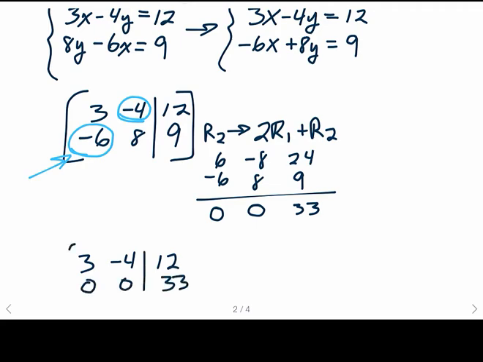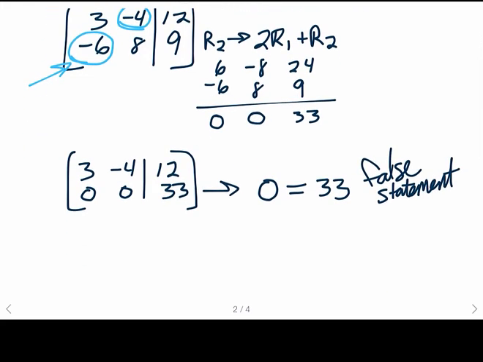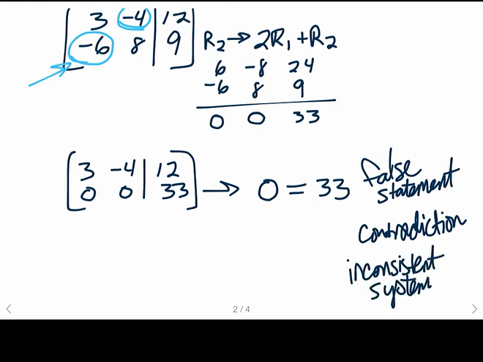But as a matter of fact, this second row indicates that 0x plus 0y is equal to 33. This is a false statement, also known as a contradiction. For those of you into the vocabulary, that means this is an inconsistent system, which has no solution.